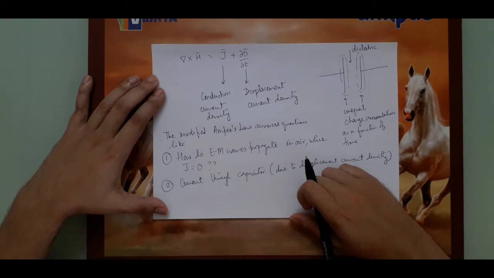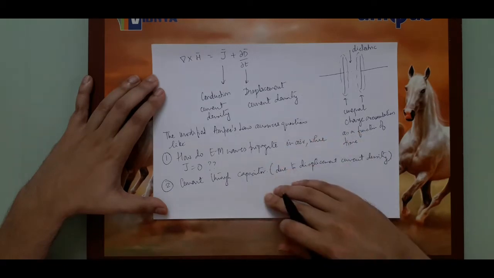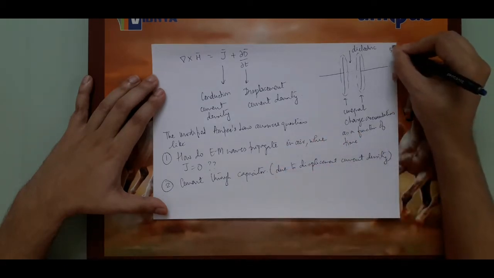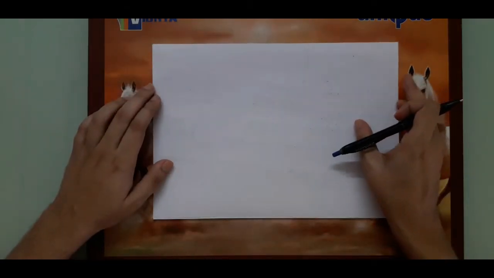And that is why Maxwell's work was regarded as one of the most path-breaking works there ever was. So therefore, let us write down all these 4 laws, which are also called Maxwell's equations.